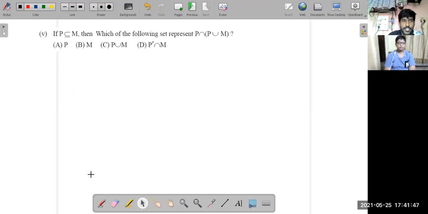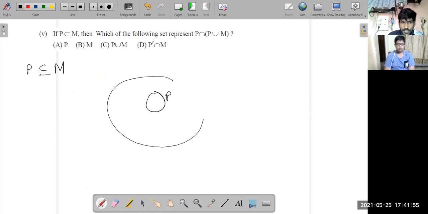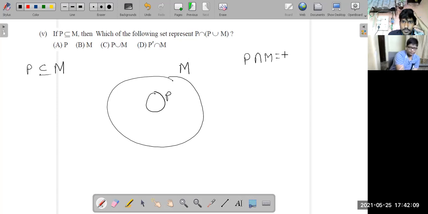Here they have said P is a subset of M. That means P is inside set M. Now what will be P intersection M? The smaller set. So that is P. And what about P union M?